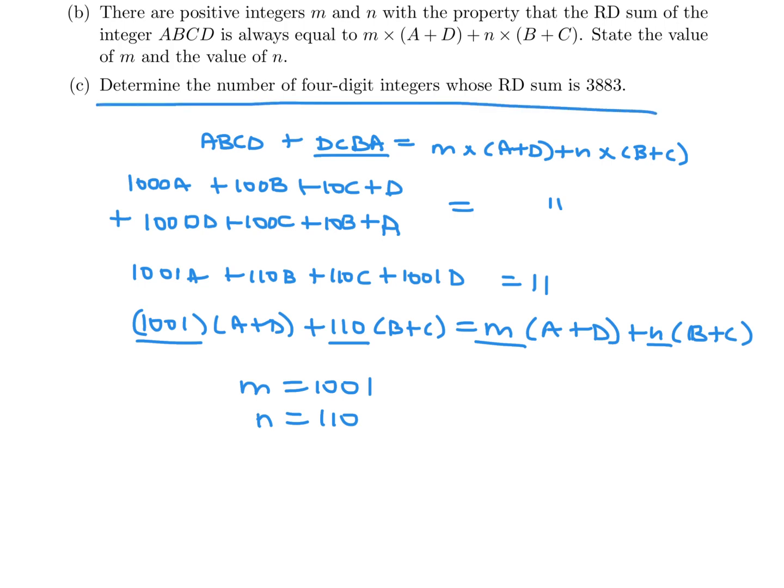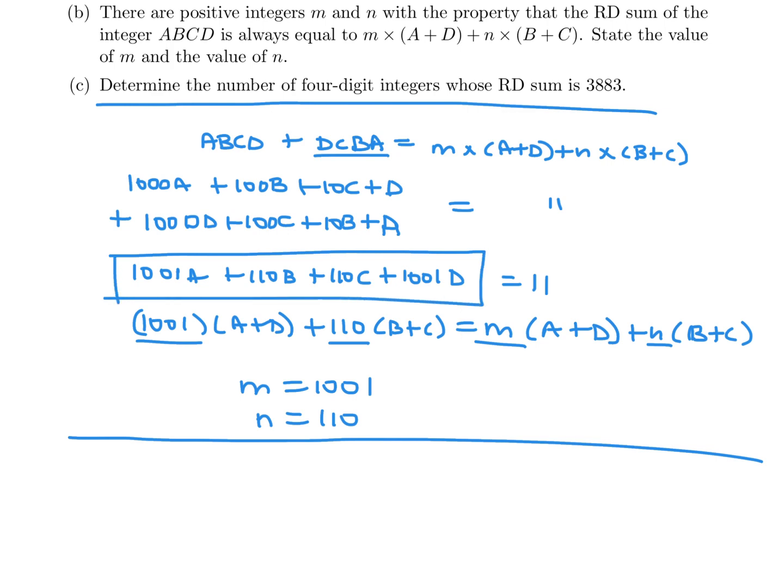Determine the number of 4-digit integers where the RD sum is 3883. So this time, since I've got this, actually it's this one I like to use, this one right here. Since I've already done all the hard work, let's just use it.